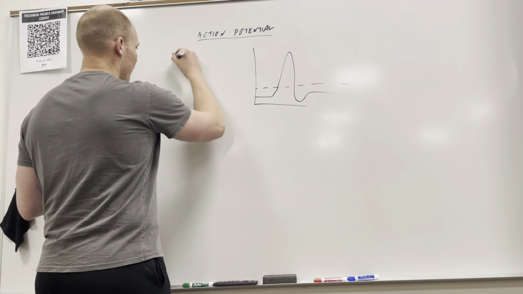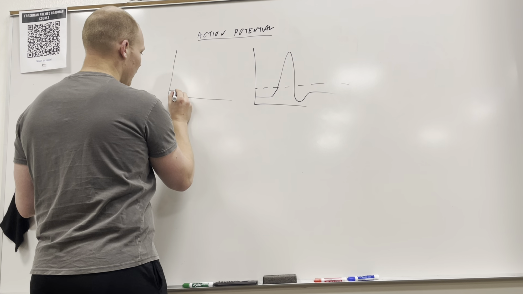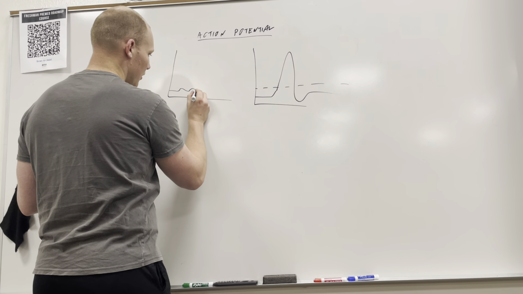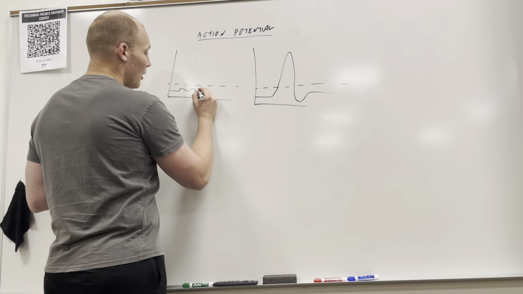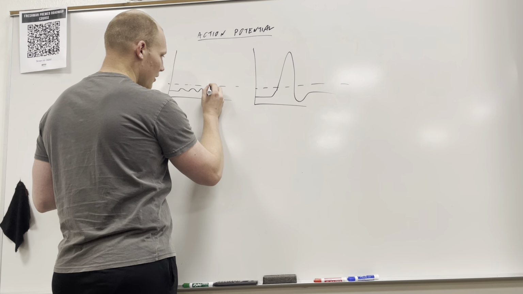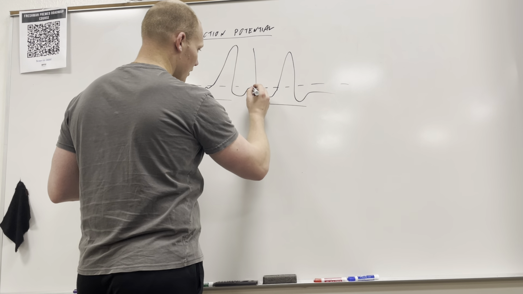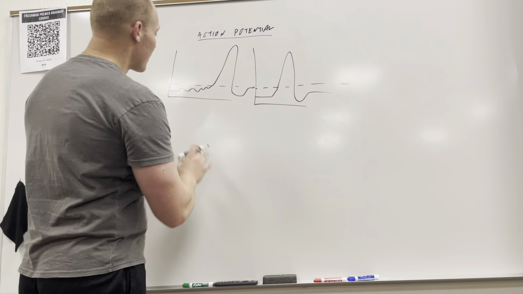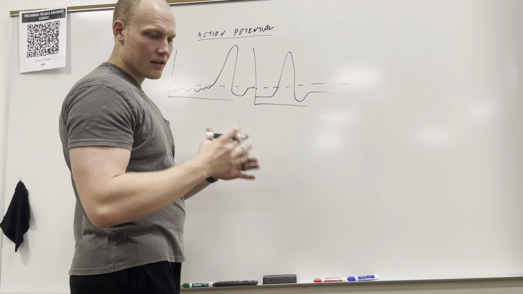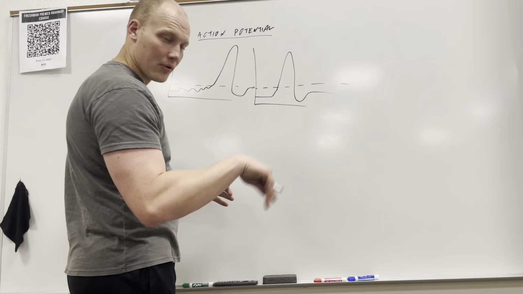Graded potentials, however, if we were to draw the same graph, they're like little bumps that never reach threshold. But if you have enough of them, you can hit threshold and send that action potential. They're like waves when you throw a pebble into a pond.